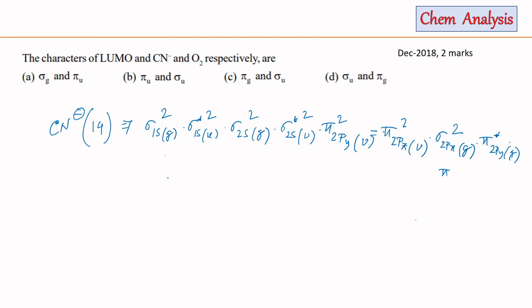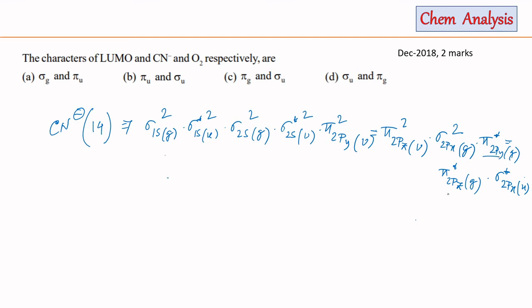They will be of similar energy, these two pi orbitals, and at last there will be sigma 2px u star.